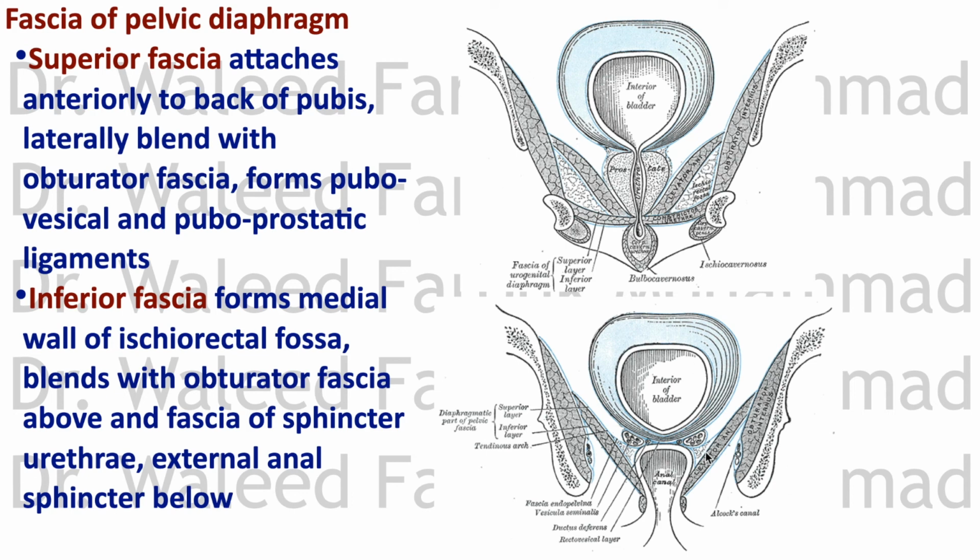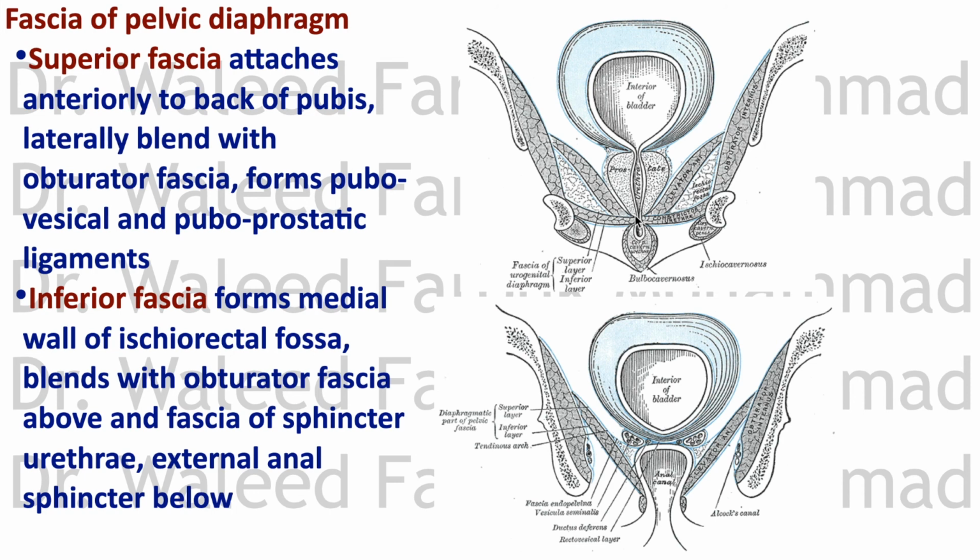Okay, this is a more posterior section, just to show you the superior and inferior fascia of the pelvic diaphragm. See, this is the superior fascia of the pelvic diaphragm, which extends to the back of the pubis at the front, and blends laterally with the obturator internus fascia, and forms the pubovesical and puboprostatic ligaments.